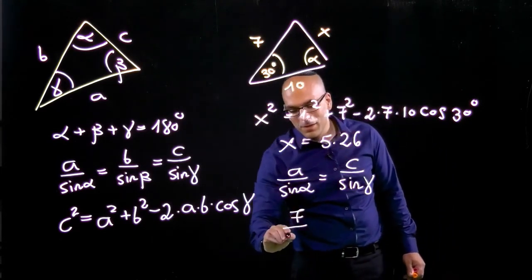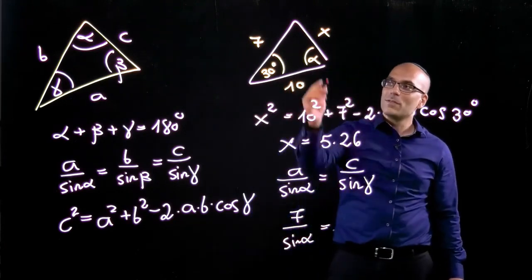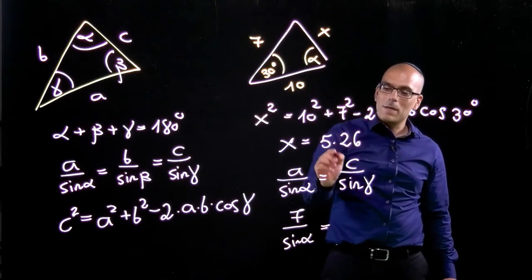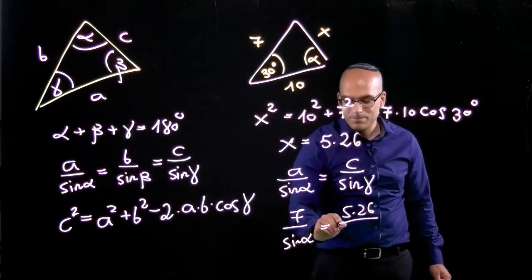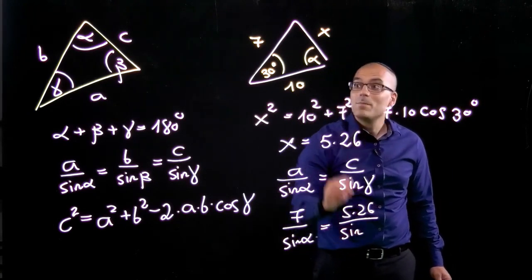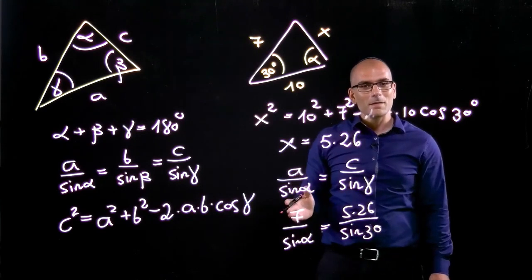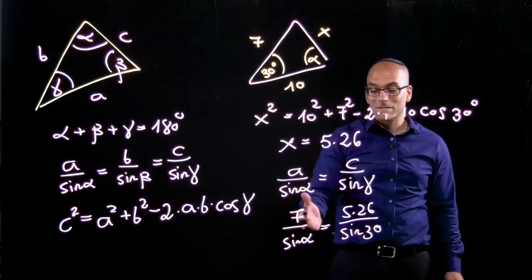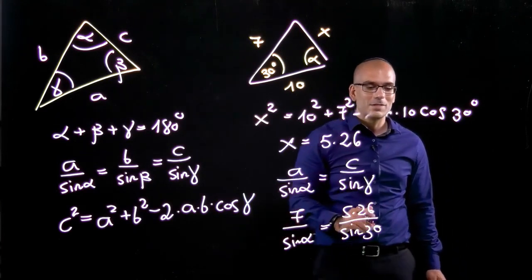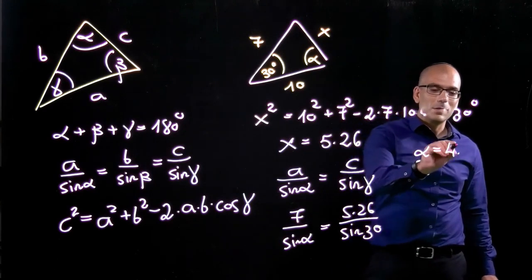Dividing 7 by the sine of alpha, which I want to find out, equals 5.26 divided by the sine of the angle opposite it, the sine of 30. We'll use a calculator, making sure not to forget to calculate the inverse sine as we know the result of the sine, and thus we'll find that alpha equals 41.6.